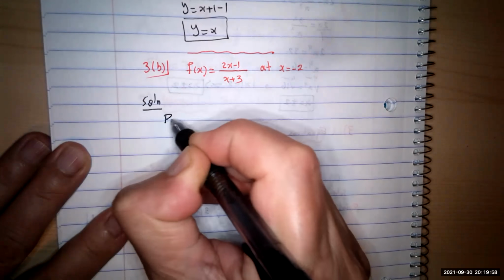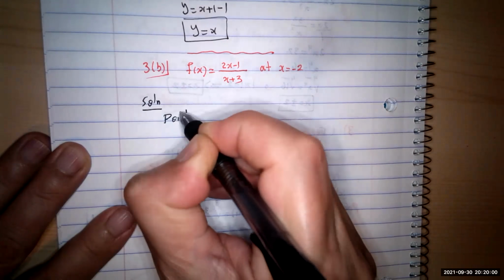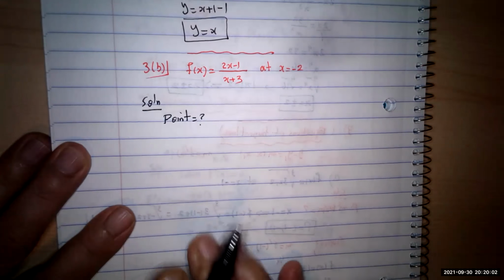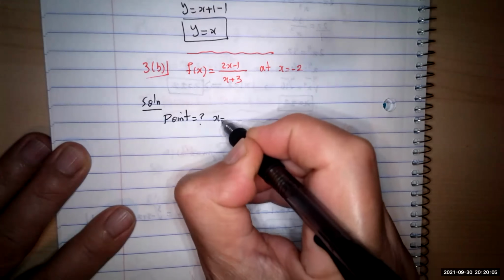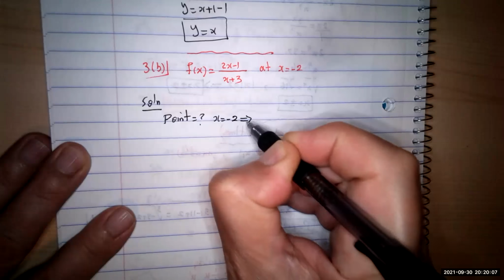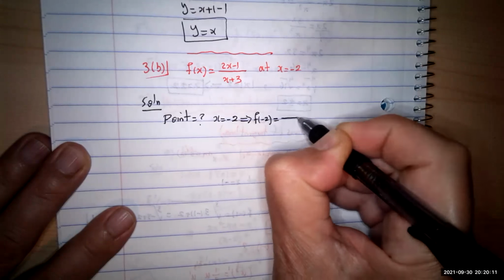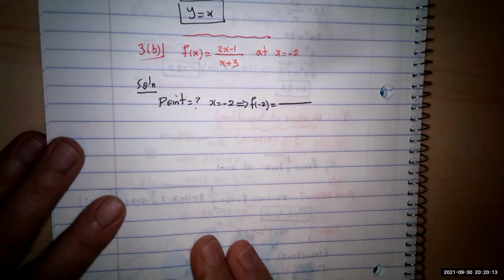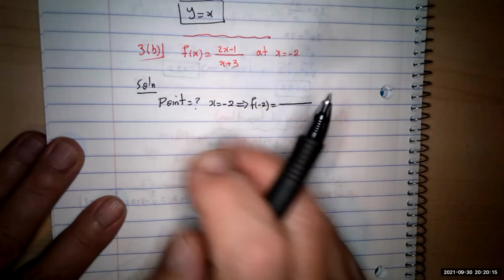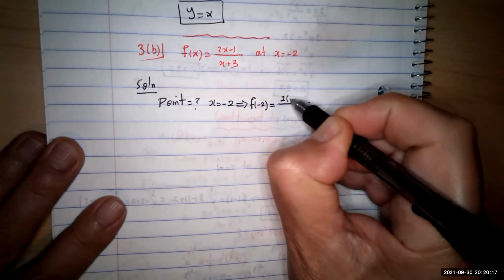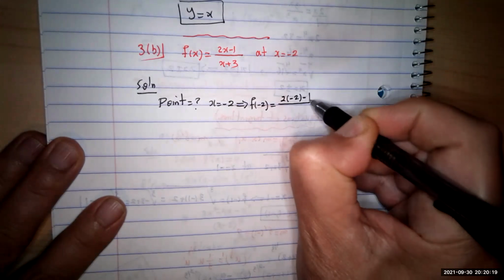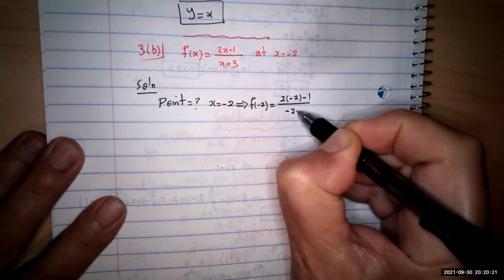I need a point first again. So I have x equal to -2. Substitute: f of -2 is going to be equal to, substitute 2 times -2, that's -4, minus 1 on the top, and on the bottom -2 plus 3.